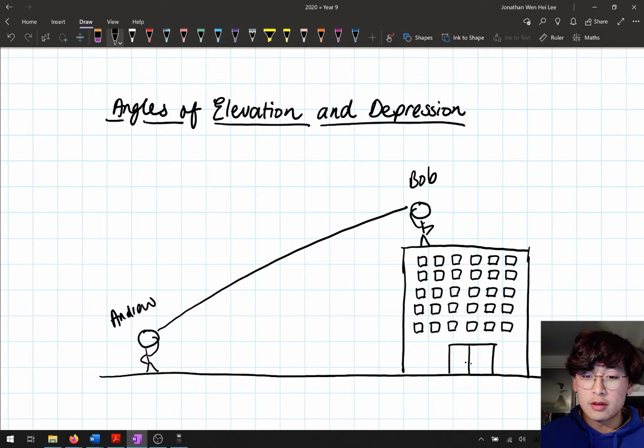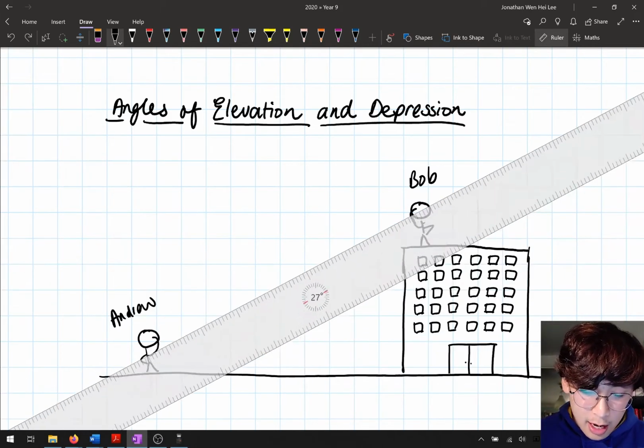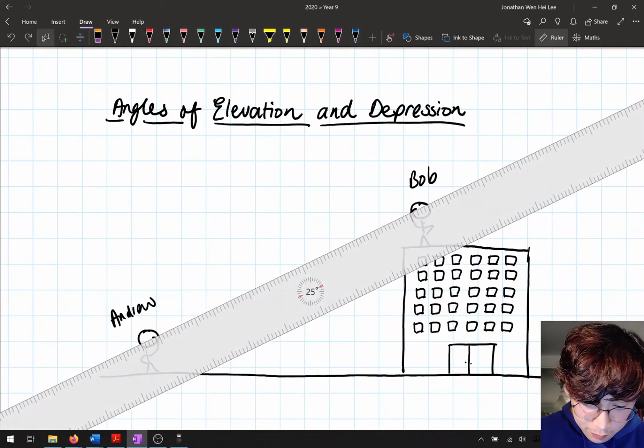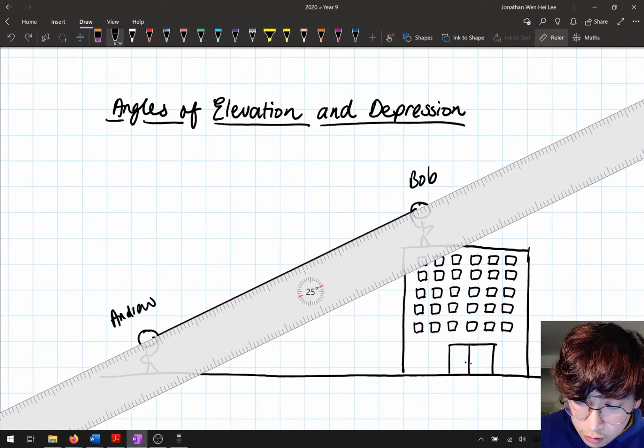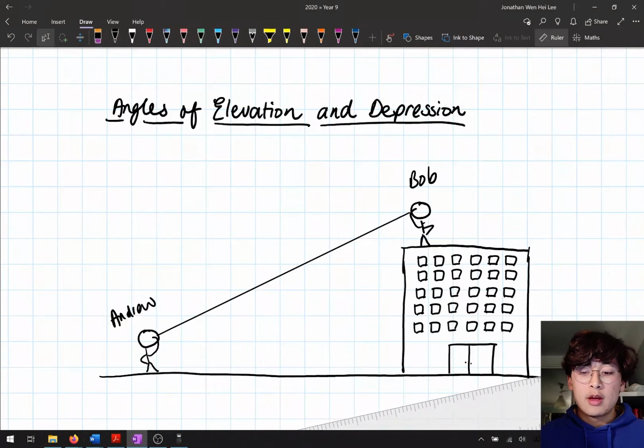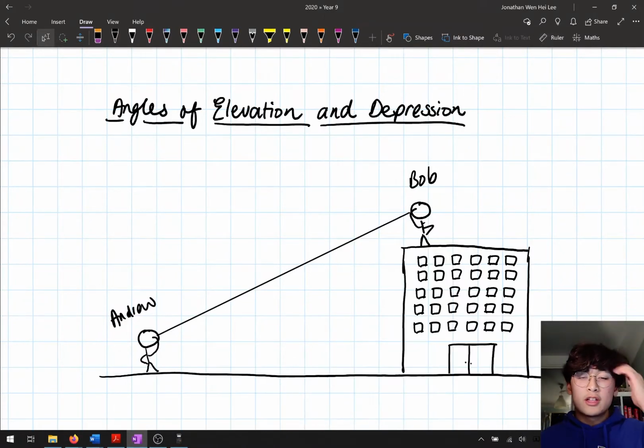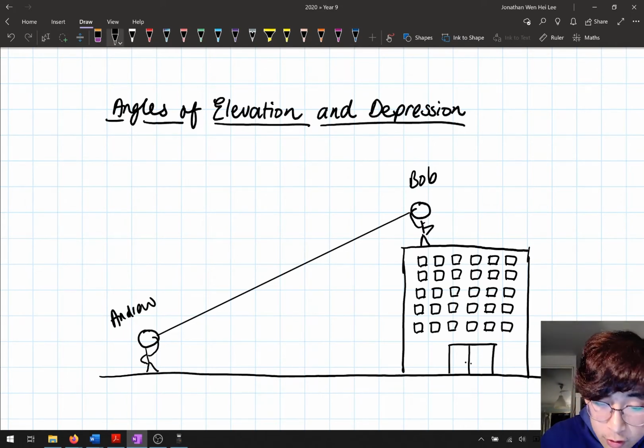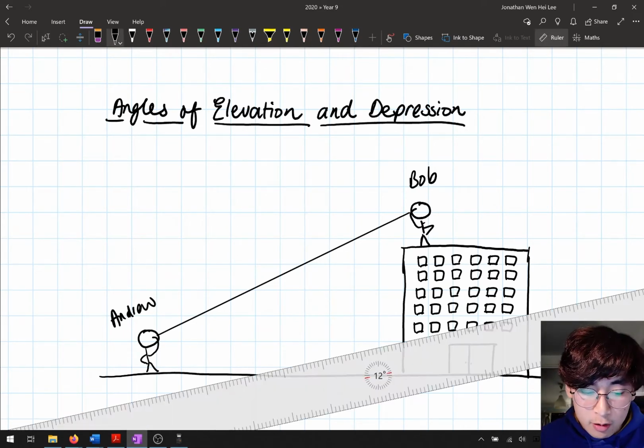Let me just try to draw that again, a little bit cleaner. So they make eye contact, and we can draw a straight line between them. We can describe this straight line and the angle that this line makes with the horizontal along the ground where Andrew is.